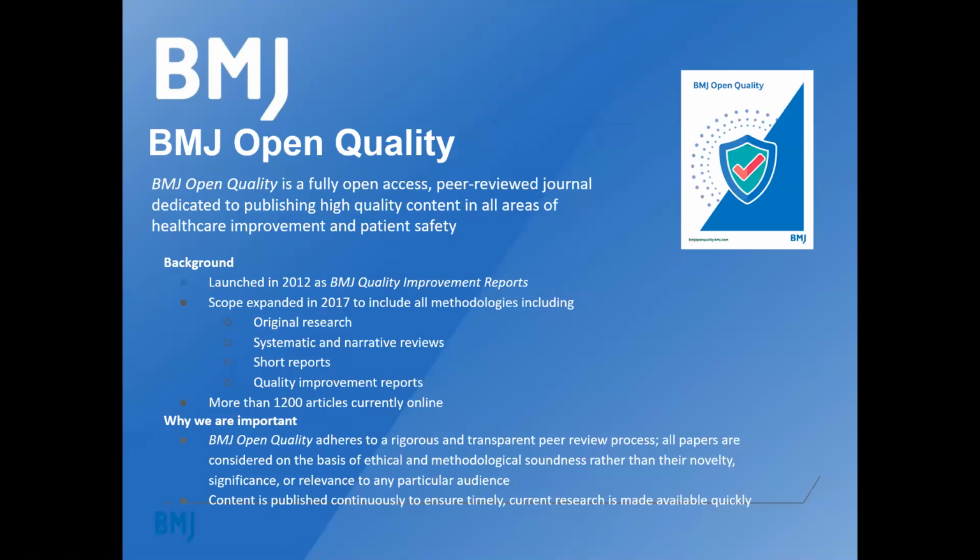It was originally, it's actually 8 years, and it was originally called BMJ Quality Improvement Reports, but was expanded then to include lots of different types of papers, as you can see here, from original reports through to systematic and narrative reviews. But still, most of its work is about quality improvement reports.